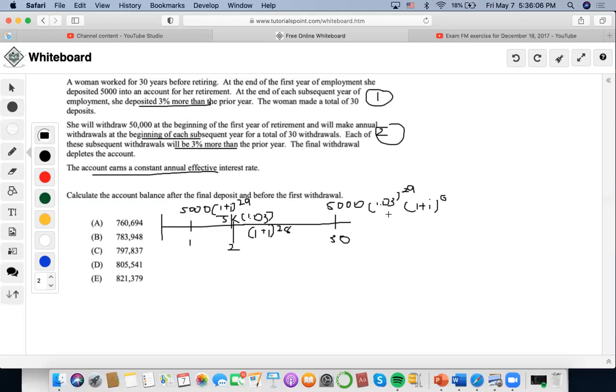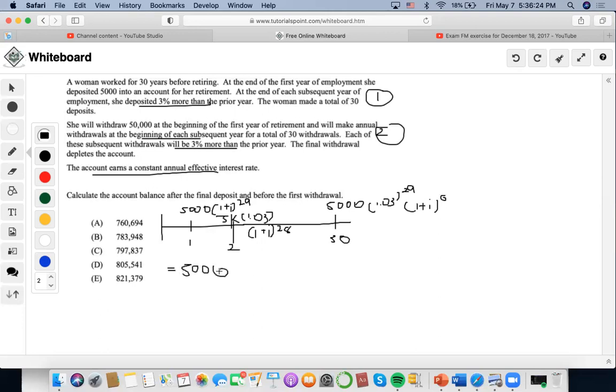Now, we want to find the accumulated amount of this whole sequence. So what we're going to do is set up an equation, right? Well, we know that 5,000 is a common factor in all of these.